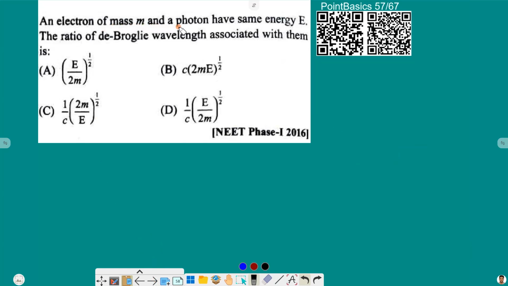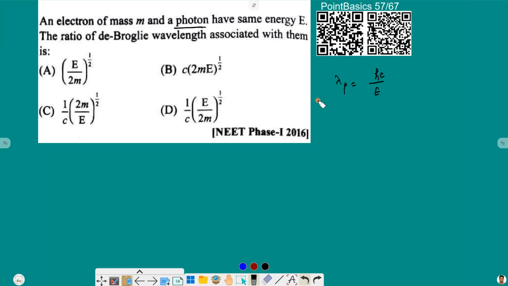An electron of mass m and a proton have the same energy E. The ratio of de Broglie wavelengths associated with them is. So it is mentioned that they have the same energy, and sorry, it is a photon, not a proton, and both have the same energy. Now for the photon, we know lambda photon will be equal to hc by its energy.